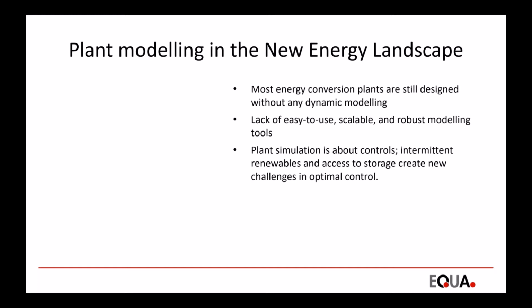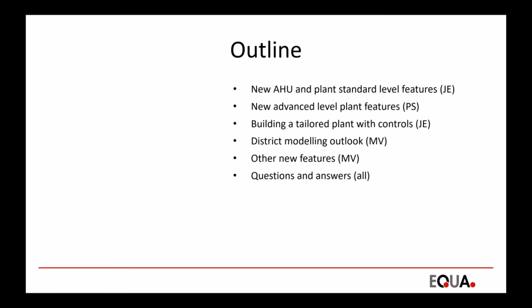And as we see it, with the intermittent renewables and also access to more and more storage, both electrical and heat storage, this will create a lot of new challenges in finding optimal control schemes. And we think that a lot of the driving forces for doing more plant modeling will be coming from that direction.